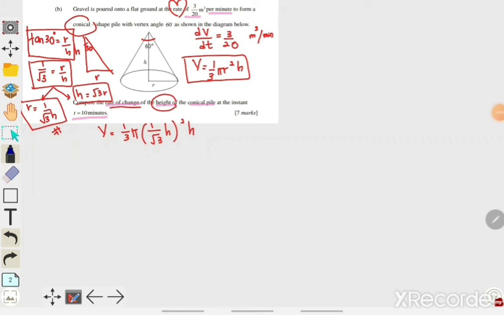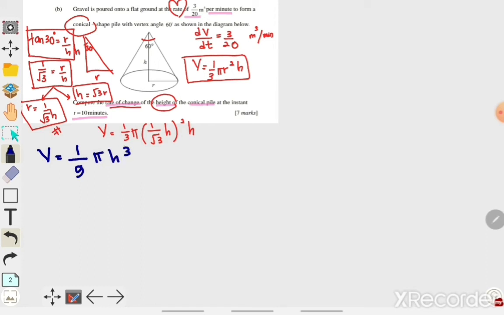Alright, let's solve this question. The volume now equals 1 times 1 is 1, divided by 3 times the 3 square. So 3 square is 3, so 3 times 3 equals 9. And you have pi, h squared times h, you have h cubed.